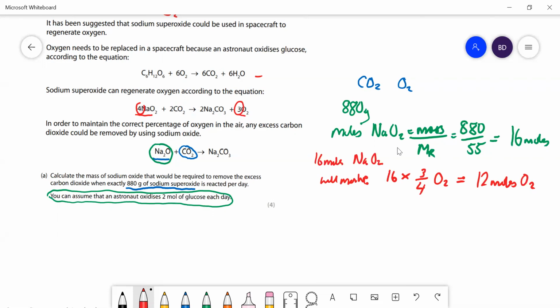Right, now let's see how much carbon dioxide is used up by the superoxide. So CO2 used up by the superoxide? Well, if we look at the equation, 4 moles of superoxide uses up 2 moles of CO2.